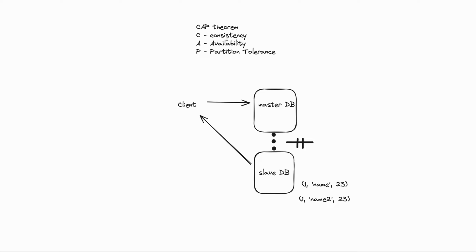So now, whenever we have a cluster setup, with the CAP theorem, whenever we write the data, if we synchronize with the slave machine and then return the response, there would not be any lag in the slave DB.